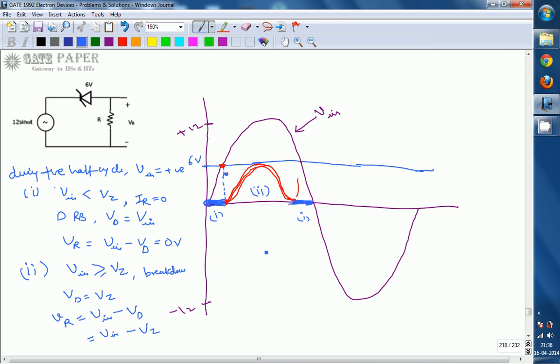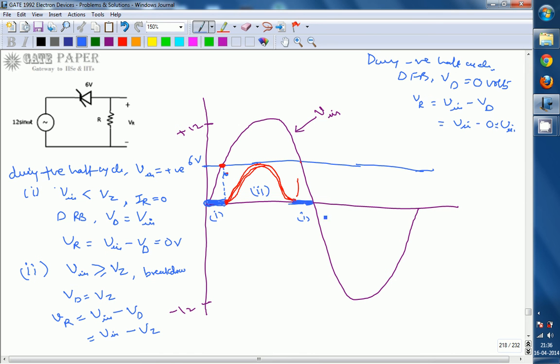During the negative half cycle, the diode acts as forward biased, so the voltage across the diode is 0 volts since it is ideal. Whenever it is 0 volts, the diode simply acts as a short circuit. VR is equal to V input minus Vd, that is V input minus 0, which is V input itself.